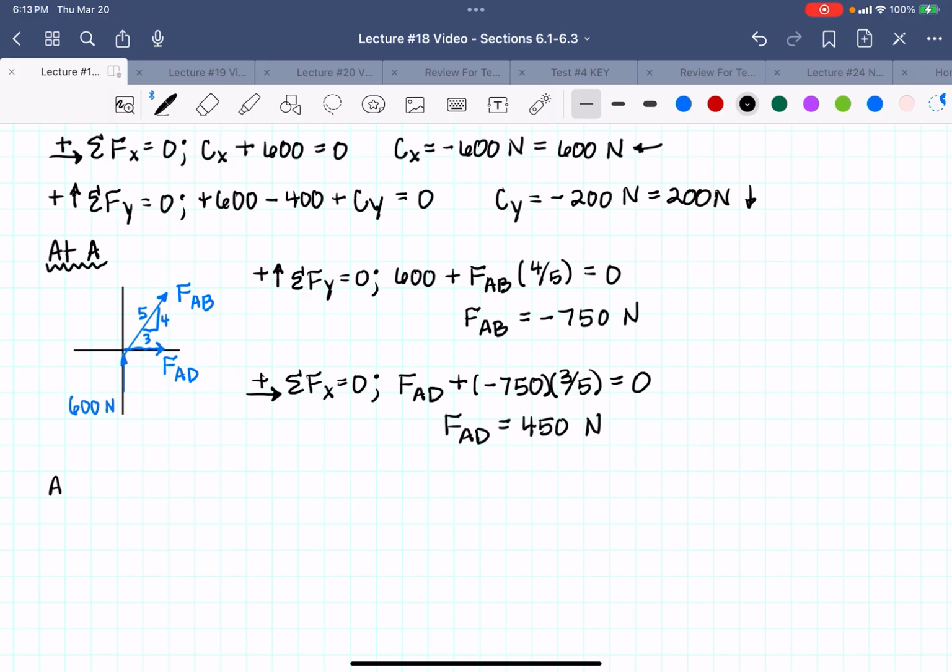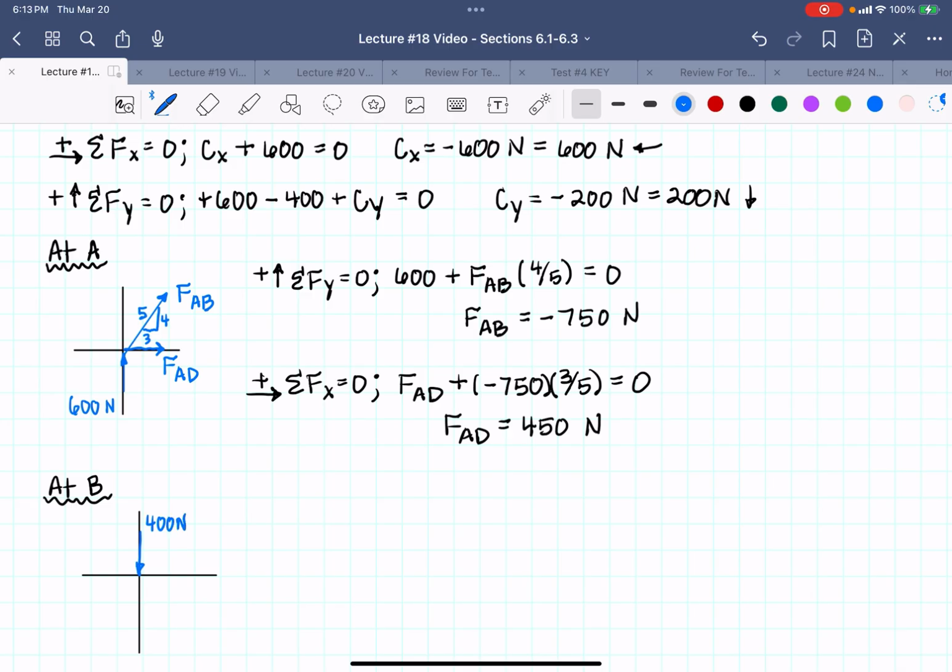So at B, I'm going to label that it's at B. I'm going to draw my X and Y axis. And then I've got, acting at that joint, a force acting straight down of 400 newtons.